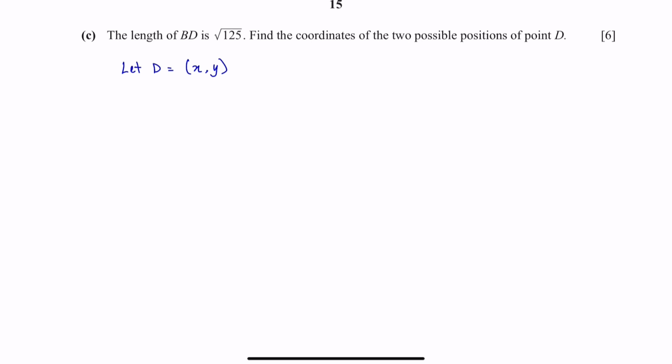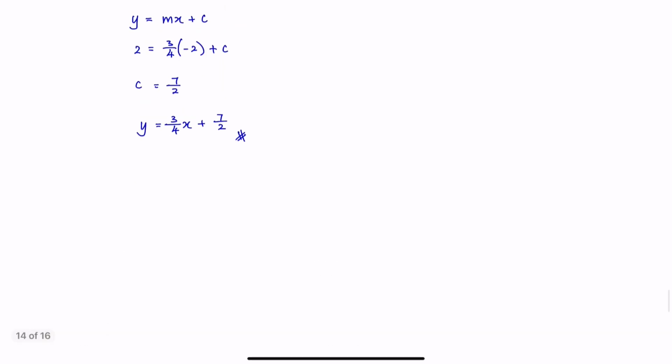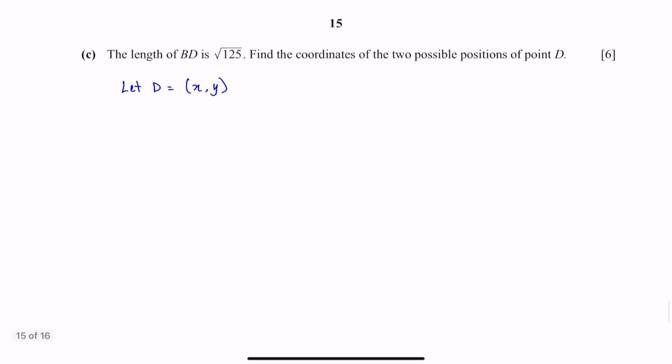But we know that point D lies on this line over here, and we know that y is equal to 3 over 4 x plus 7 over 2. So now we can write y as 3 over 4 x plus 7 over 2.